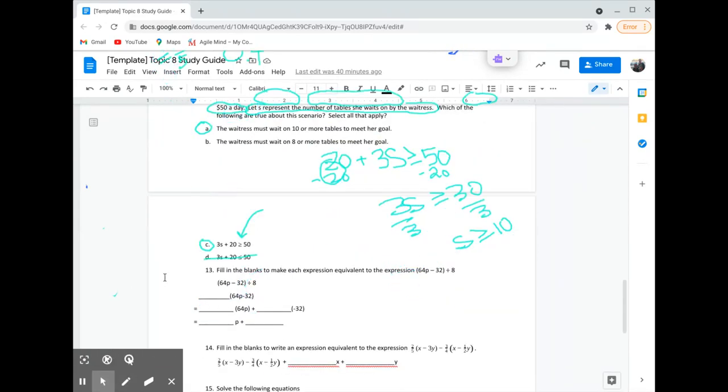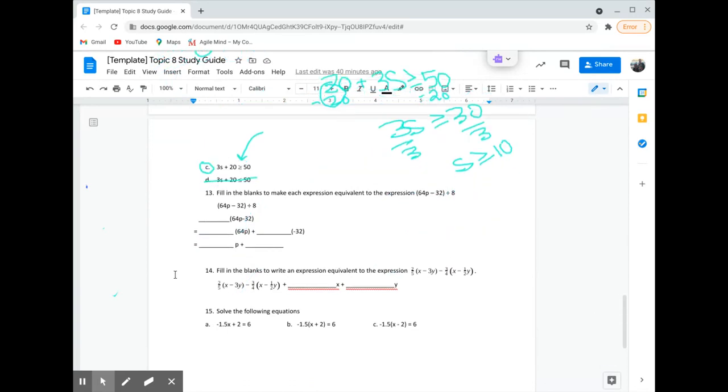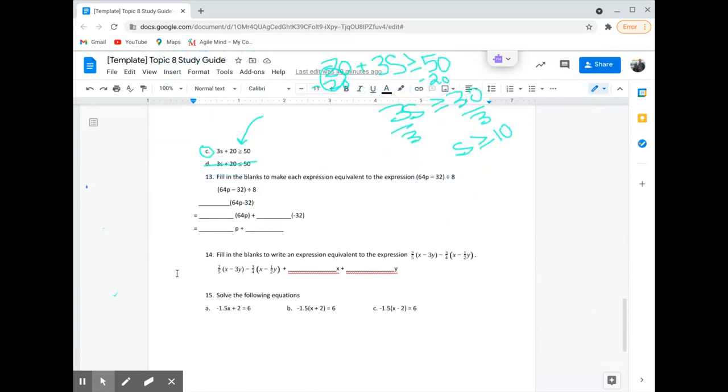All right, let's look at 13. It says fill in the blanks to make each expression equivalent to the expression 64p minus 32 divided by 8. So this has division, but we know there's another way to write division so that we can multiply by this 64p minus 32.